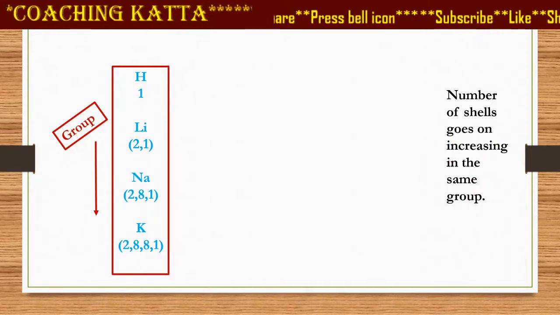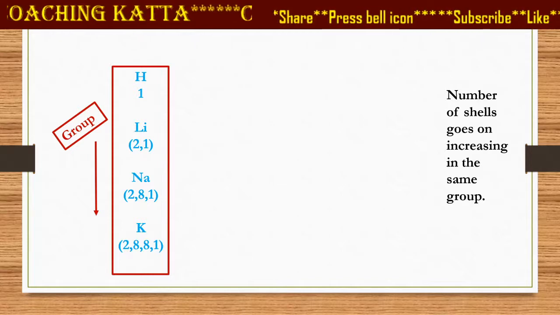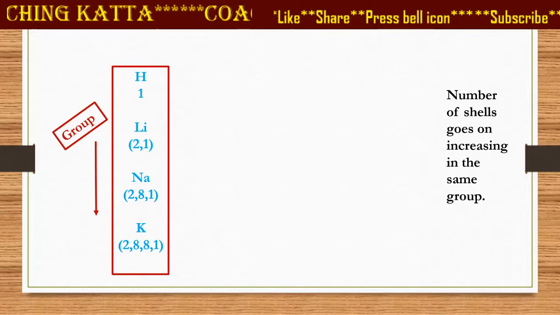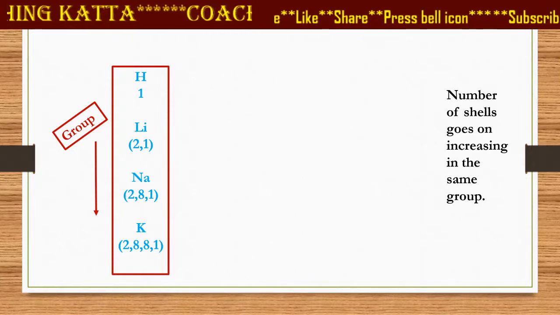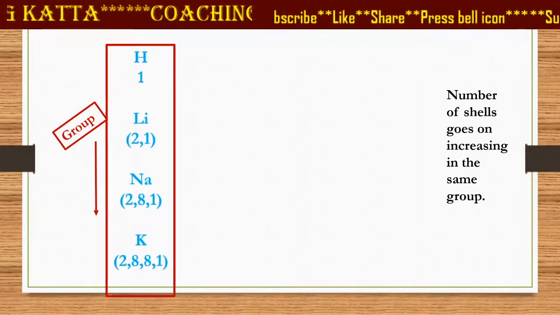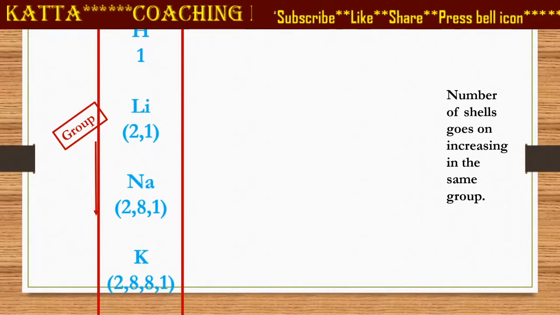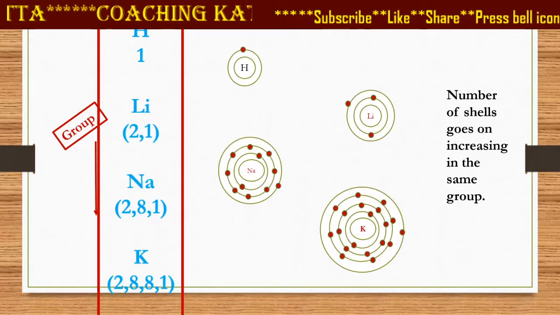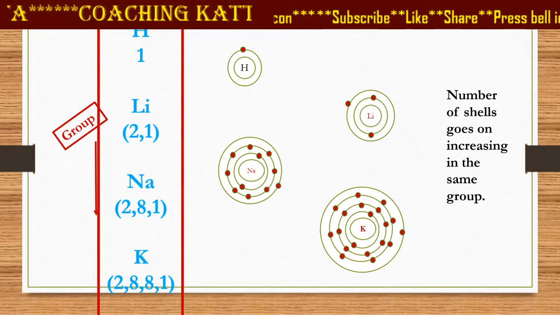Now, here the electronic configuration of first group elements is shown with the help of a diagram. See here, the number of shells goes on increasing. Hydrogen contains only one shell.